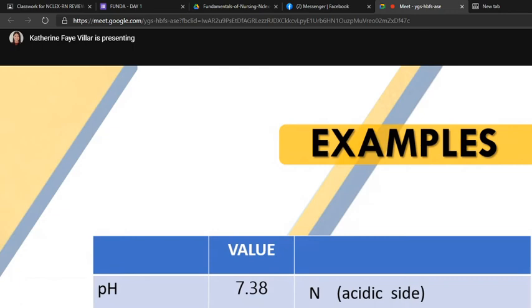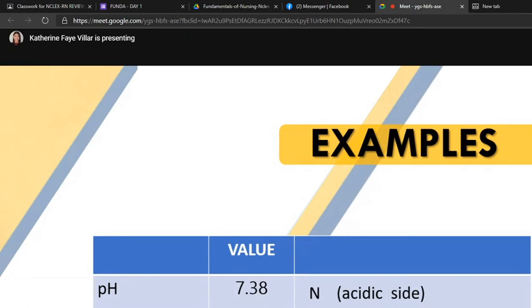Metabolic. Tignan niyo po yung pH, tsaka yung bicarbonate ion. Sige lang po. You can do that.